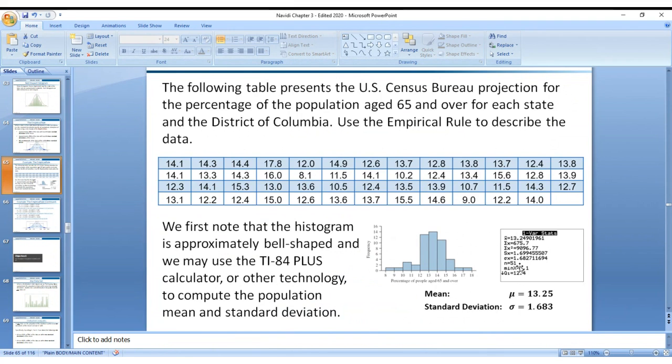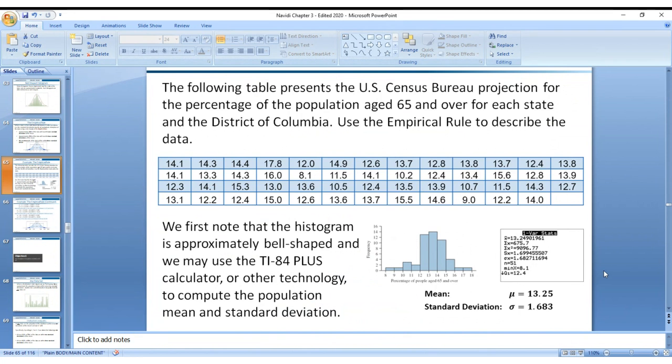Now, like I said, I'm going to try to show you this soon when I get a nice little data set to do it with. But if you were to enter all those 51 into the calculator, and then hit the var1 stats calculate thing, this gives you everything that's in all of chapter 3.